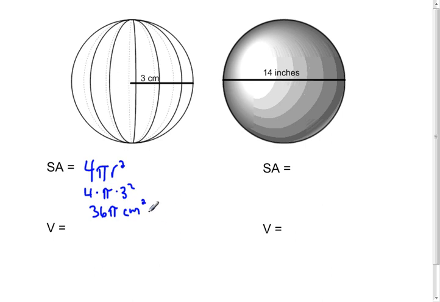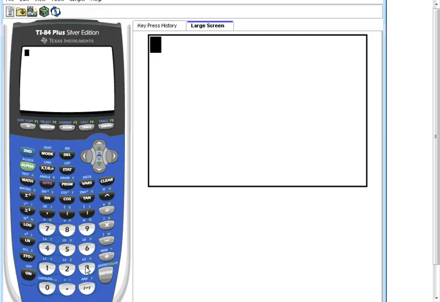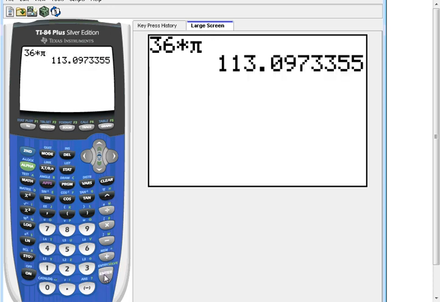And that's it. If you want a rounded answer, that's approximately, so let's pull out our calculator here. We go 36 times pi, where there's our pi button, and we get approximately 113.10, depending on how you want to round it.